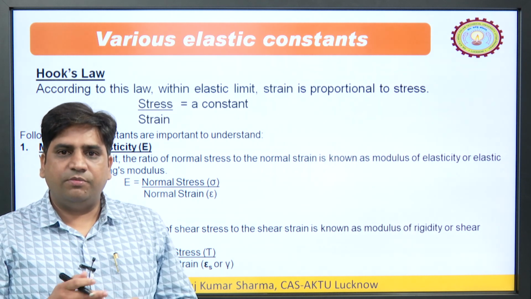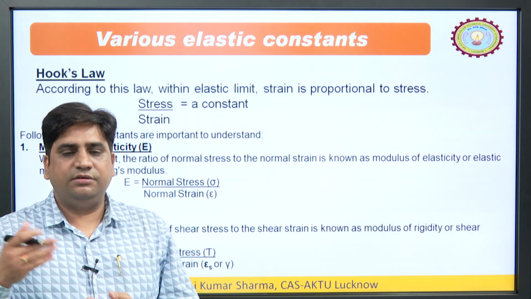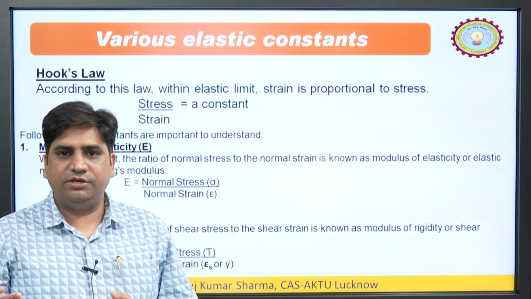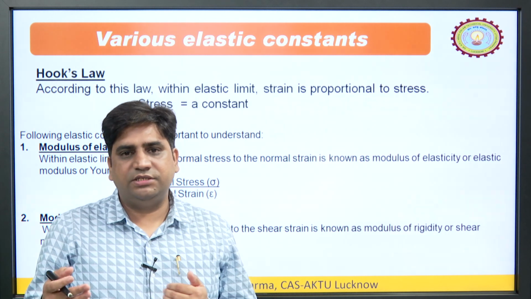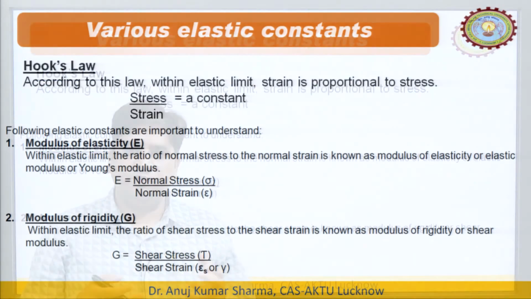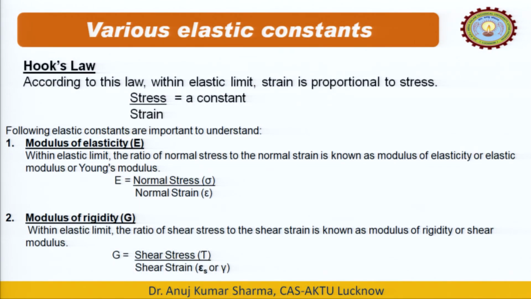Let us say steel has certain values of elastic constants, and they do not vary for different sizes or shapes. Steel plate, steel rod, steel sphere, all these shapes will have the same value of modulus of elasticity. So, it does not depend upon the shape or size. So, these are very important.